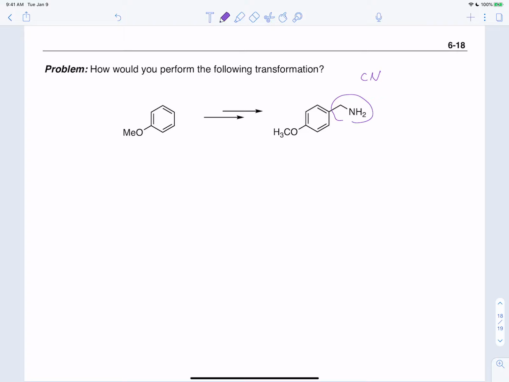Something we learned from early on is that you can install a nitrile using Sandmeyer chemistry. So to do this, we can rely on the para-directing nature of the methoxy to first install a nitro group.